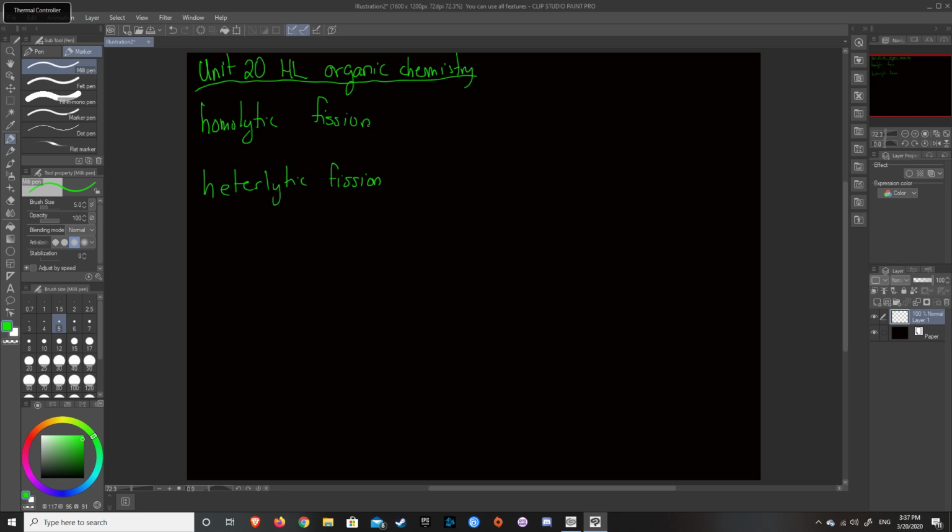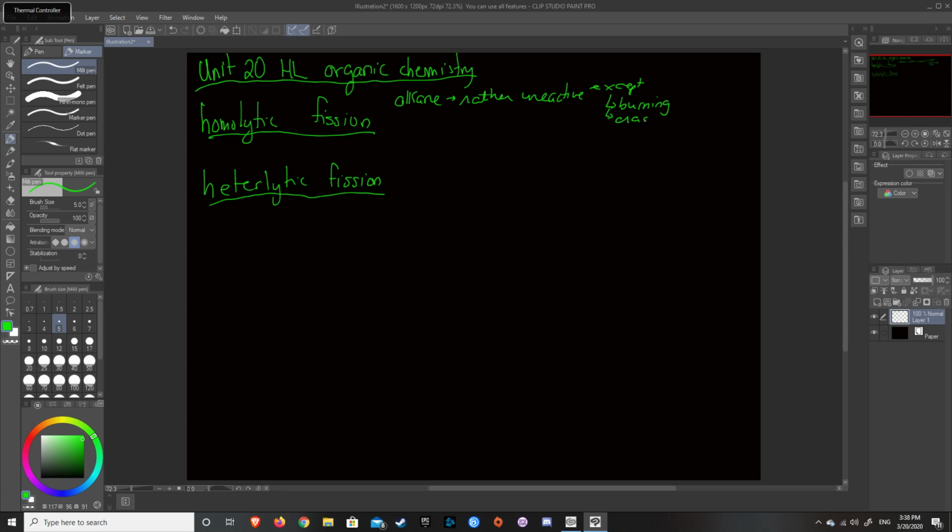The difference here is that homolytic fission involves a bond breaking evenly in two. This is just to start you off in this unit. If you remember back from your Unit 10, we talked about alkanes, and we said that alkanes are rather unreactive, except for our reactions: burning.